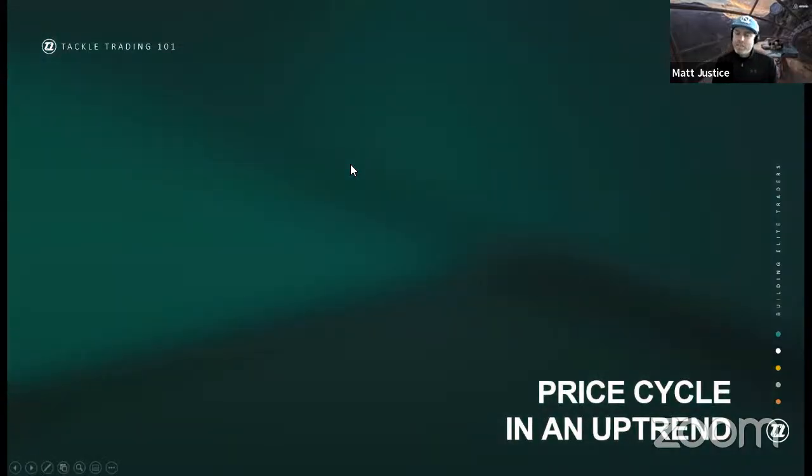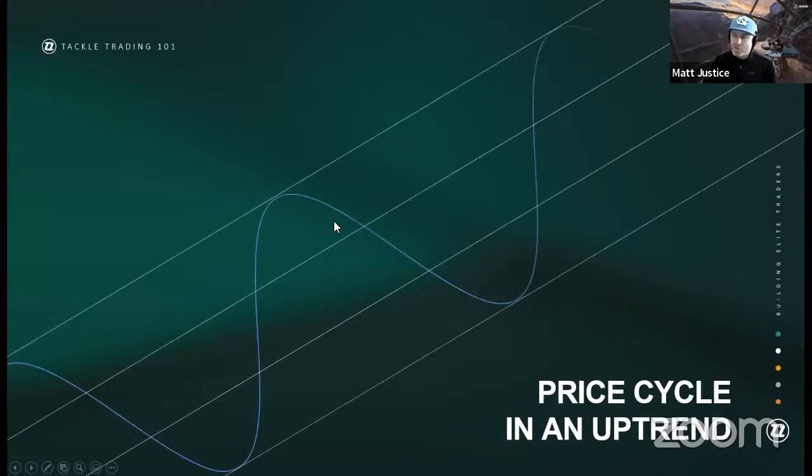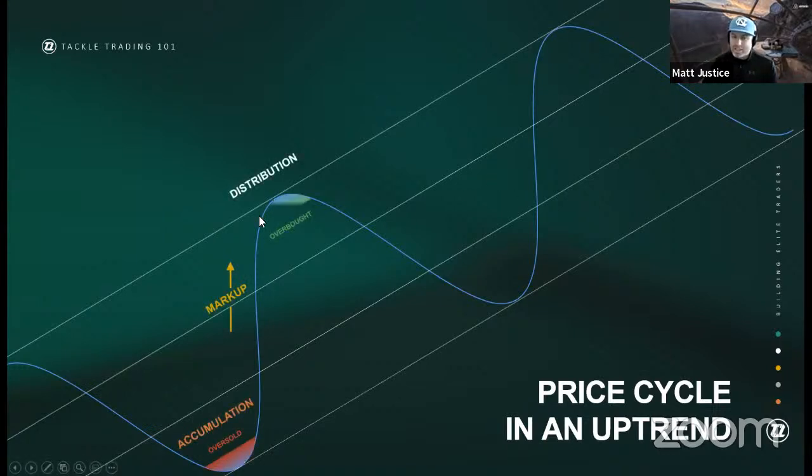And so when you're dealing with a bullish uptrend, for example, and many of you at Tackle Trading understand the basics of trend analysis, it's simply a repeating pattern of higher highs, higher lows, where the buyers look to buy at the low price, the sellers look to come in and lock in some profit at the top side.